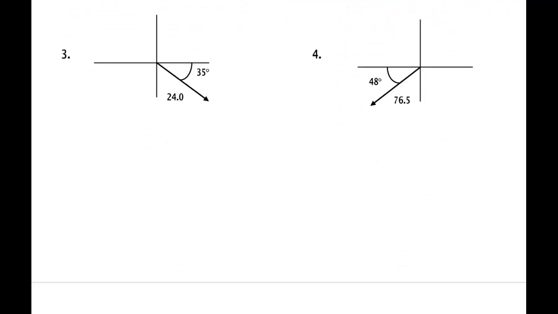So more of the same. Again, making an A and a B. There's a B. There's an A. Again, we're looking at X, Y. For A, we're looking for the adjacent side, so 24.0 times the cosine of 35 degrees, and that is 19.7.